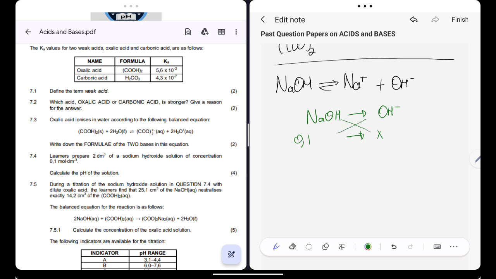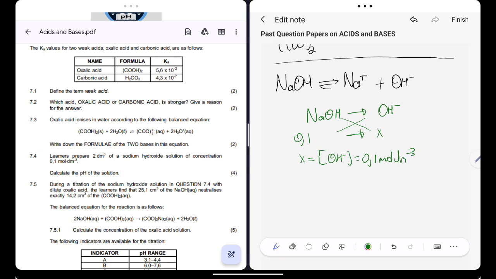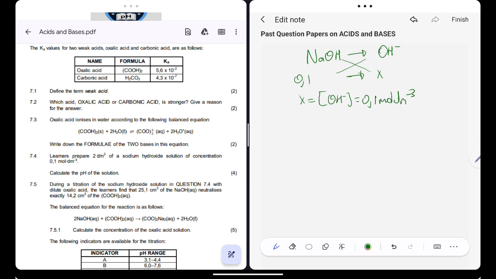Simply cross multiply, then X, which represents the concentration of the OH- ions, is also 0.1 mole per cubic decimeter. Together, I can now find my pOH, which is the negative log of the concentration of the OH- ions. Negative log of 0.1. What do I get? Negative log of 0.1.